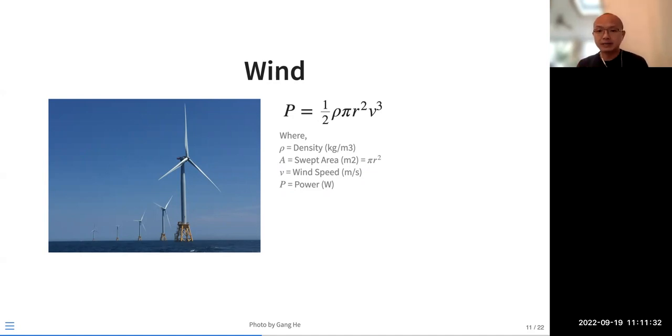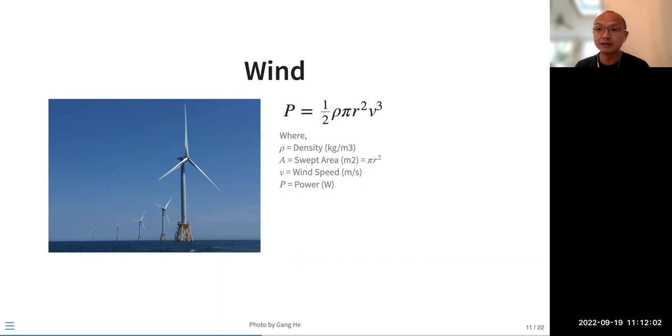To understand wind, fundamentally, wind is the kinetic energy embedded in a moving air mass. That's the wind, right? So what's the energy in the wind? It's the kinetic energy of the moving air mass that drives the turbine.